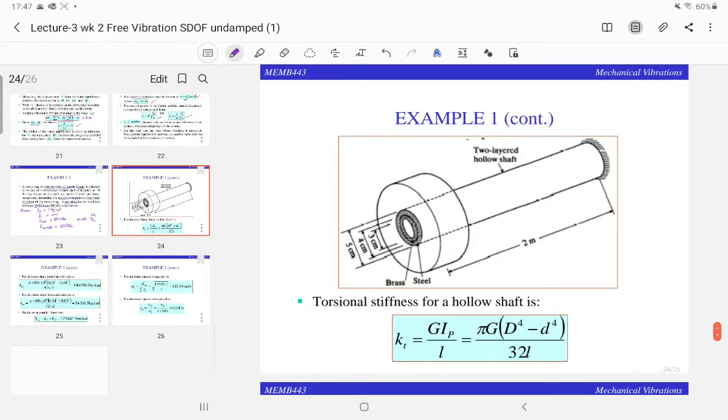If you have this kind of problem, you want to find the natural frequency. Before you do that, you have two materials here, brass and steel, so you need to calculate the torsional stiffness for each of these. This combines the previous knowledge of whether the stiffness is in parallel or series. Because these two are torsional, you can look at it as parallel.